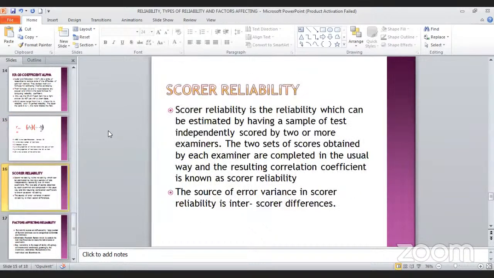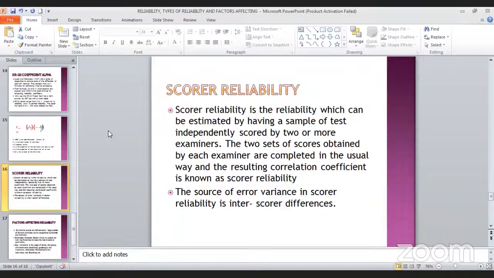Next, about scorer reliability. Scorer reliability is the reliability estimated by having a sample test independently scored by two examiners. So we get two sets of scores, a score from one examiner and a score from another examiner.